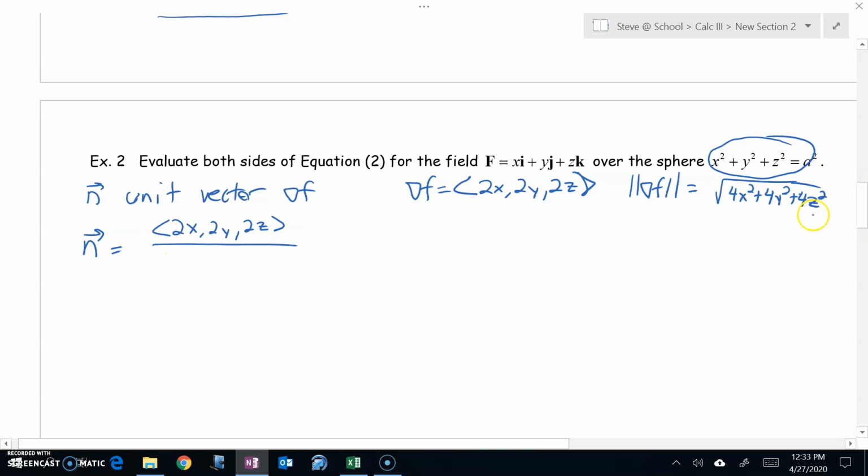I can simplify this magnitude. I can pull a 4 out, and that becomes a 2 out here, and I'm left with just the square root of x squared plus y squared plus z squared. Luckily for that sphere, it's defined that x squared plus y squared plus z squared equals a squared. So this just becomes a. So that means that the normal vector is just x, y, z over a.